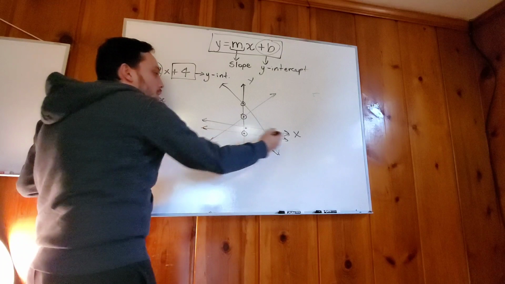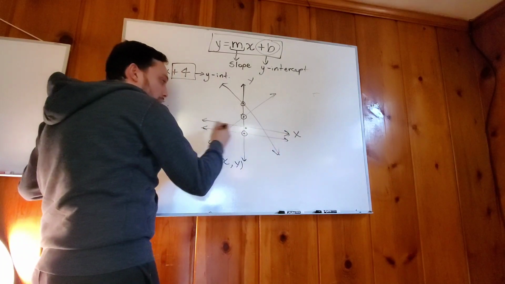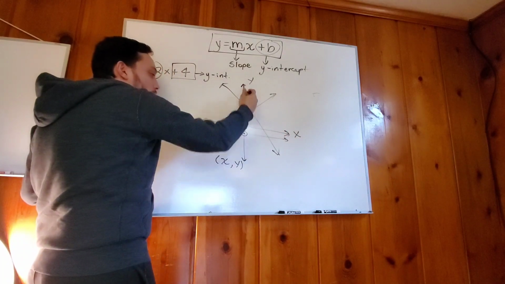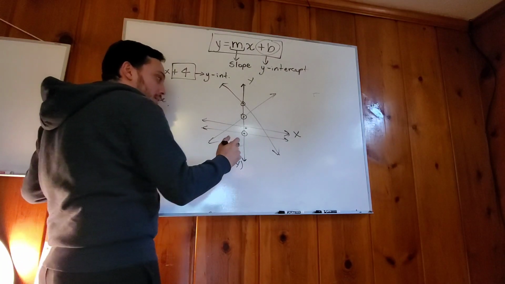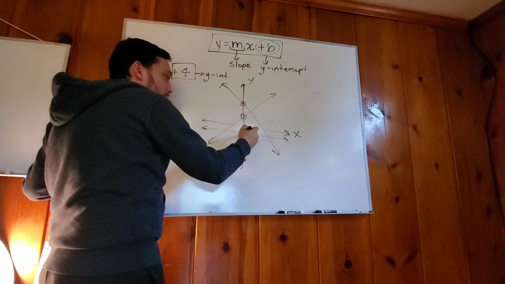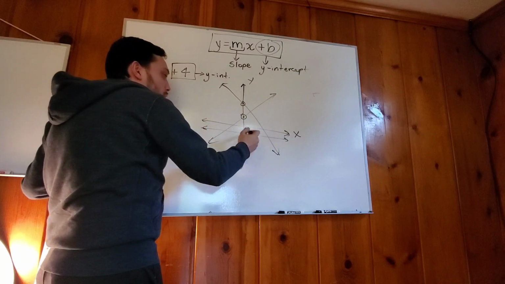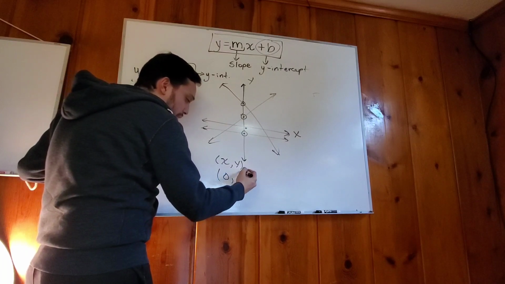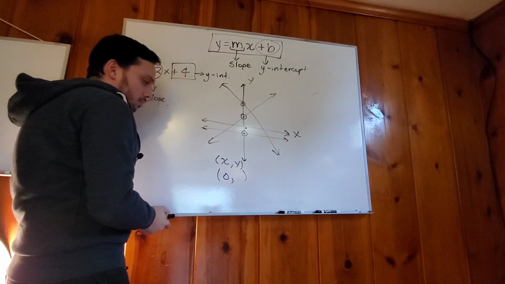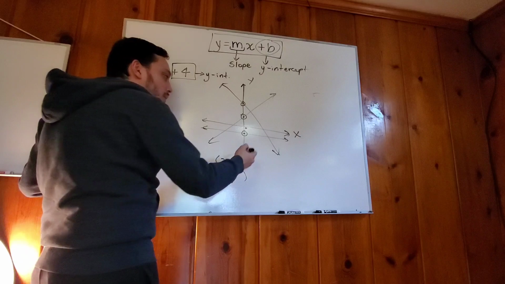X goes left and right, y could go up or down. That you should know by now. But in this particular case, are we going right or left? For the 3 points here, all of them are going to have an x of 0.